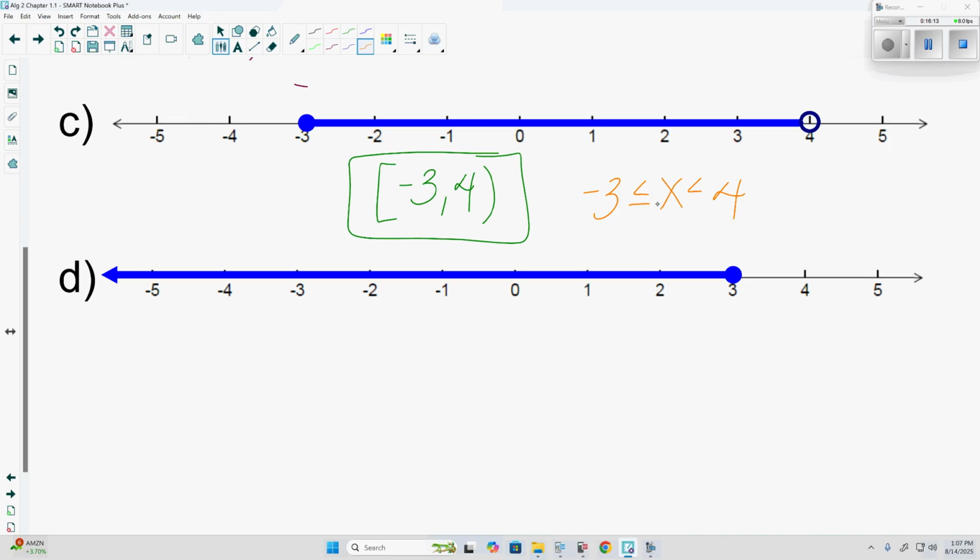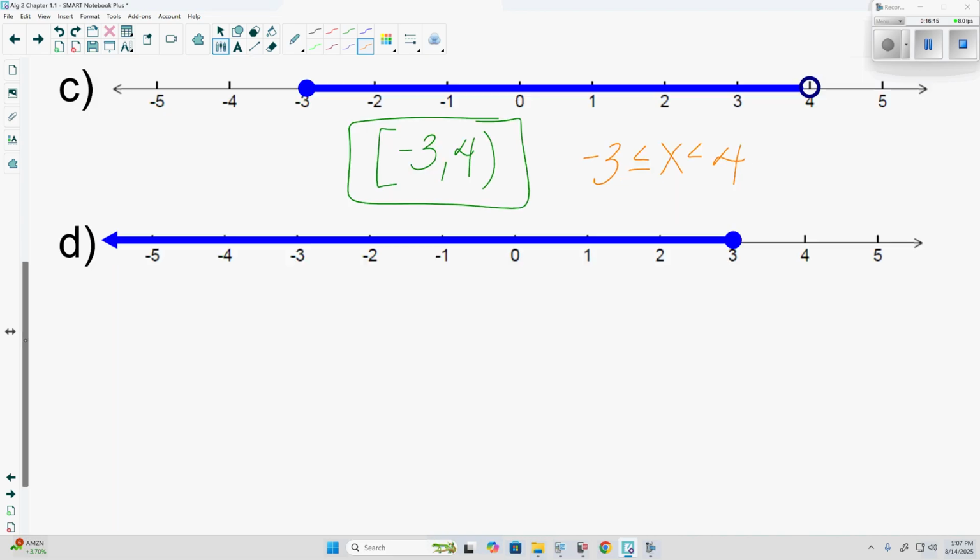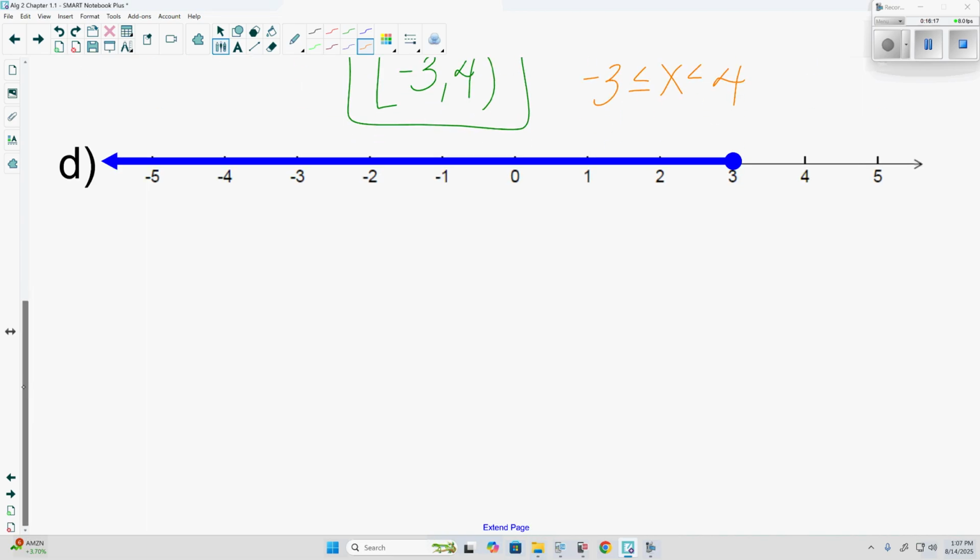Everything sounding good so far? Let's look at the last one. Here, this is an unbounded interval. We have one endpoint and it goes off in one direction, yes? And our one endpoint is 3, yes? Now, are we going to positive infinity or negative infinity? Negative infinity. Yes.